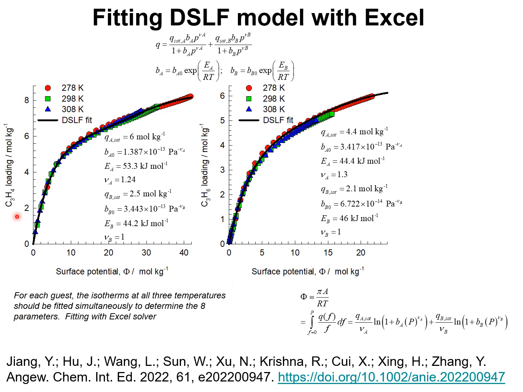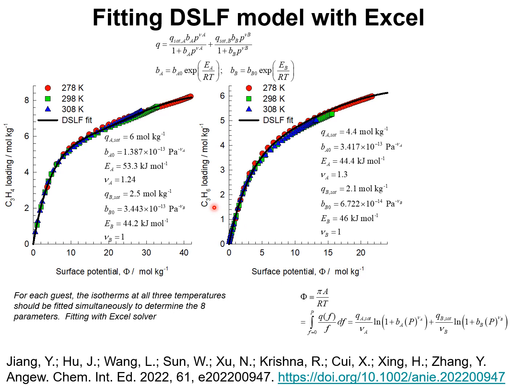The advantage of using the surface potential as x-axis instead of the pressure is that the entire data set at 3 different temperatures collapses to a single curve for both guest species. And this is a convenient way to see if the fits are of good accuracy and representative of the experimental data.